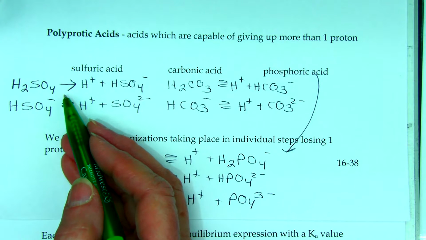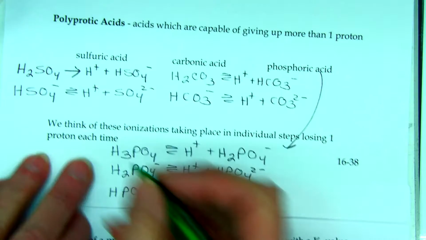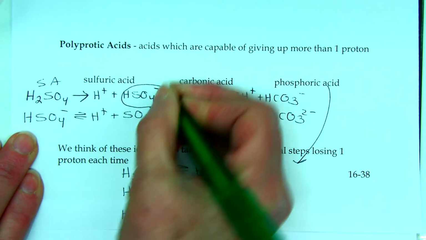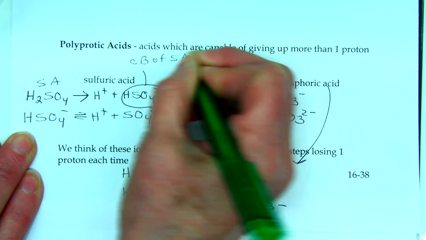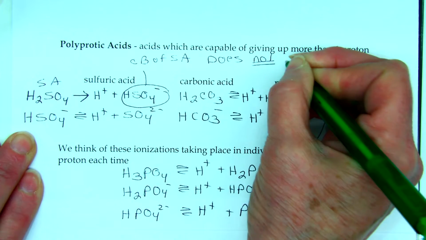Because sulfuric acid is a strong acid, it's a one-way ionization. This ion is the conjugate base of a strong acid. It does not act like a base.